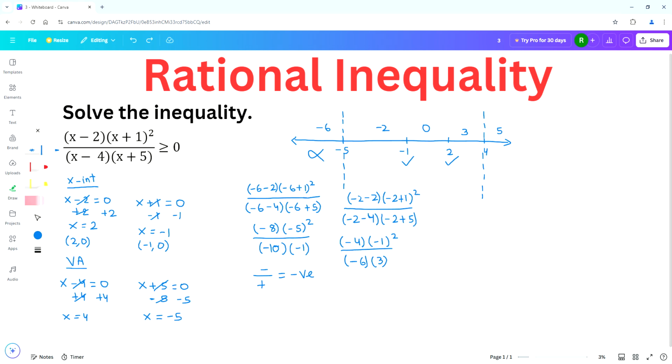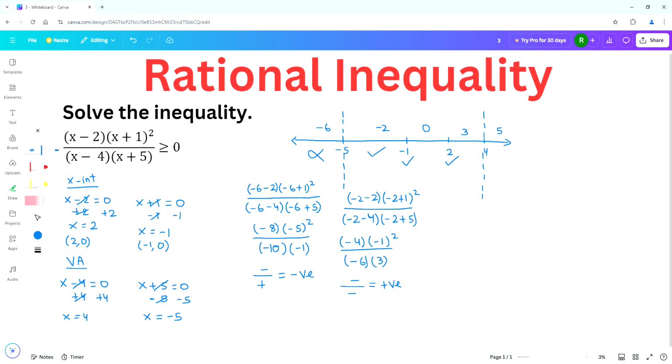Negative 4 times positive 1 gives us a negative result. In the denominator, negative 6 times 3 gives us a negative result. So the overall value will be a positive value. Therefore, the inequality is satisfied in the interval between negative 5 and negative 1.